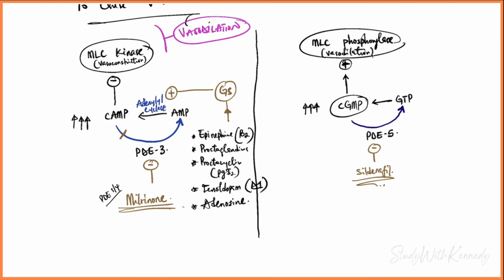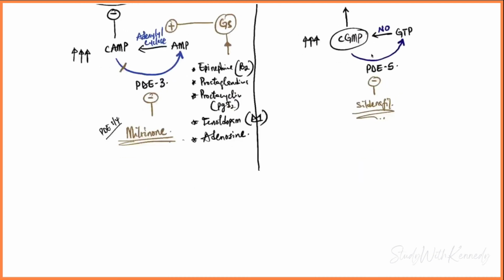The other thing to consider is this: GTP becomes cGMP under the influence of nitric oxide. So, what if we can increase our nitric oxide activity, the amount of nitric oxide we have in the body?